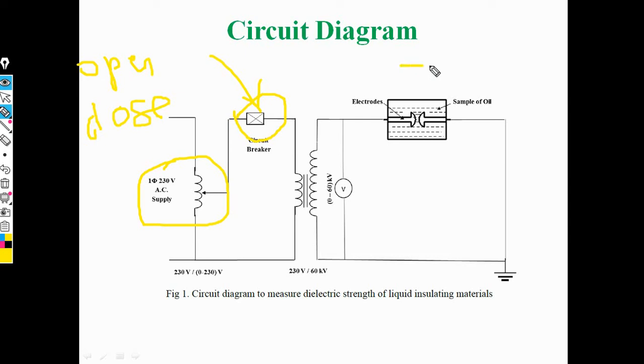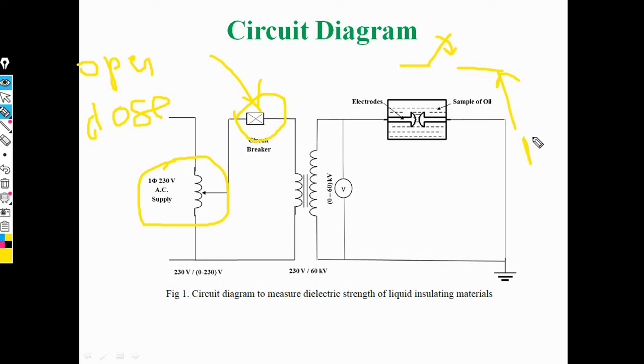For example, this is the circuit breaker, and this is the direction of movement of the circuit breaker contact.